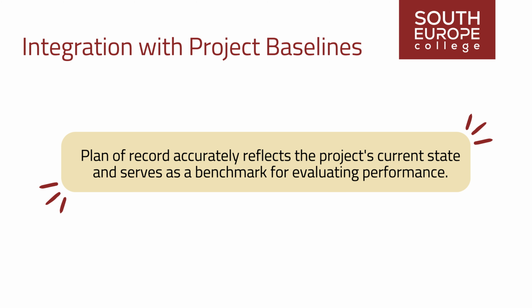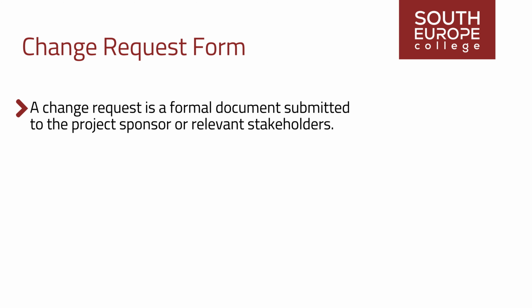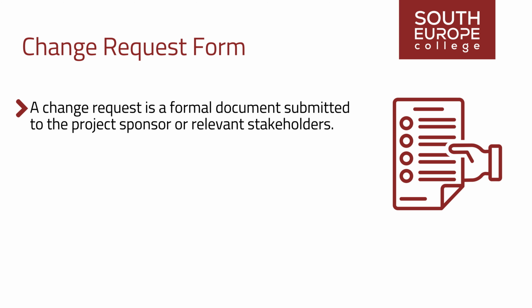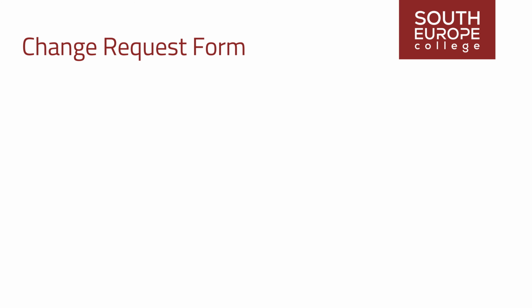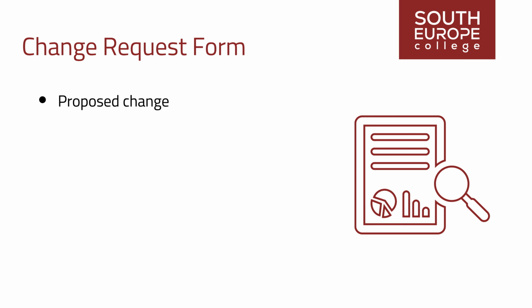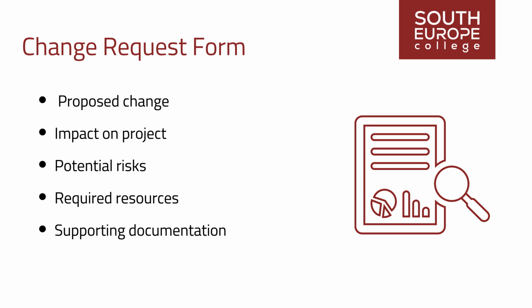project progress and performance. A change request is a formal document submitted to the project sponsor or relevant stakeholders to request modifications to project deliverables, processes, or other aspects of the project. Change requests typically include details such as the rationale for the proposed change, the impact on project objectives, potential risks, required resources, and any supporting documentation.